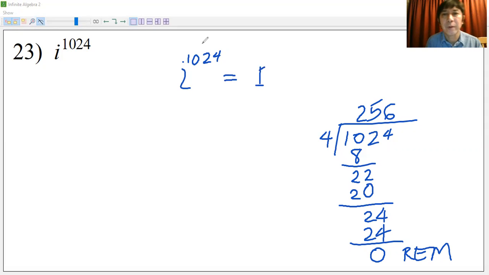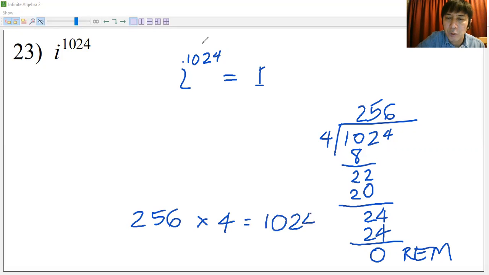There. You can also show the solution. It's because 256, okay? We have 256 times 4 is 1024, correct? So we can show the solution. It's i raised to 1024. In algebra, you can split the exponent to its factors, okay?